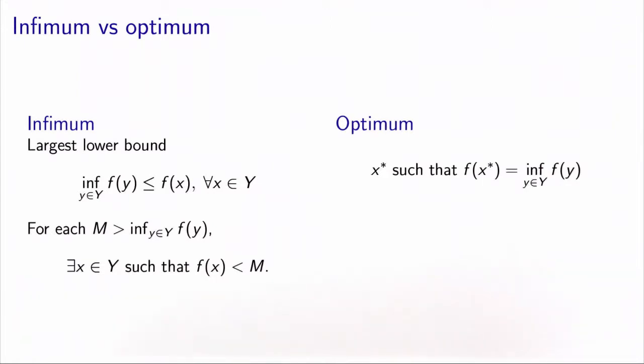It means that there is at least one x such that the value of M is bigger than the value of f of x. So this is the definition of the largest lower bound. This is what we call the infimum. And the optimum is a vector x star of decision variables such that the value of the objective function at x star is equal to the infimum.